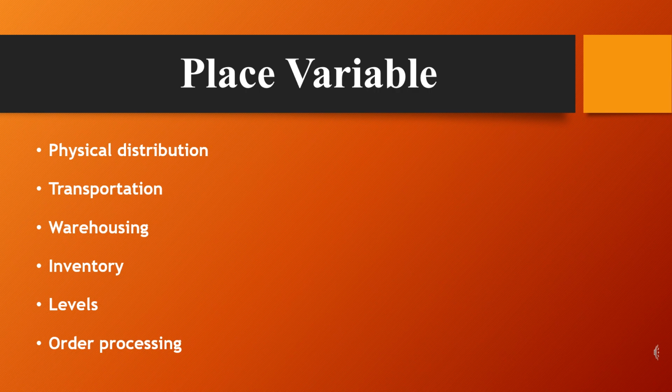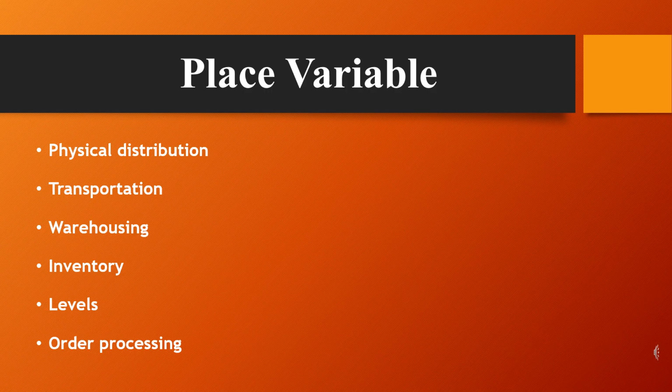Then comes inventory. Inventory refers to the inventory management, the process of tracking and controlling the flow of goods within a business from the raw material to the finished product to ensure that the right amount is available at the right time and at right place. Then comes level of physical distribution.